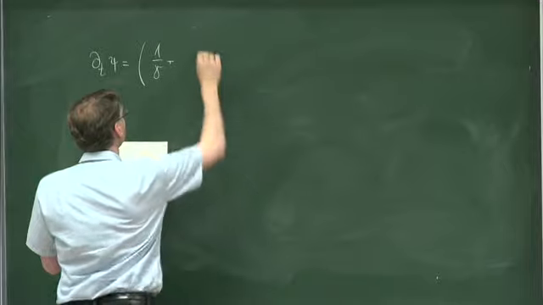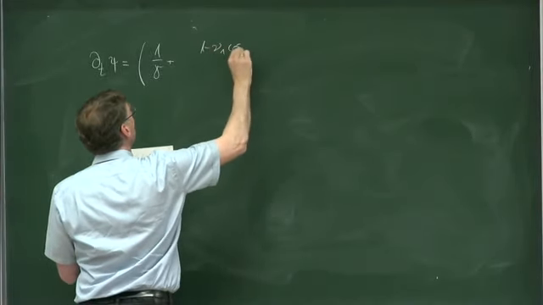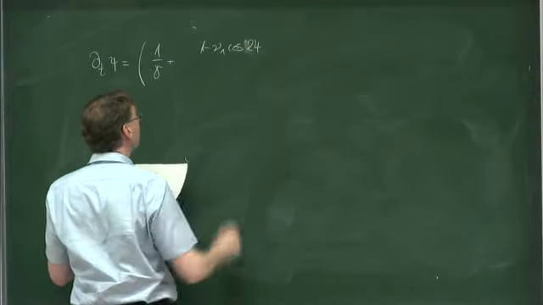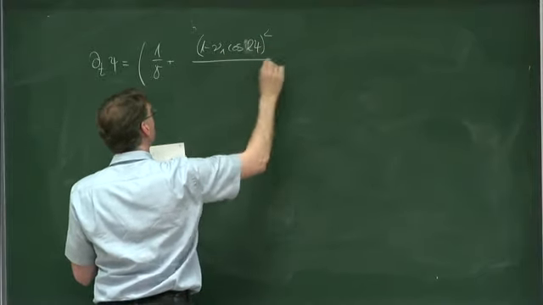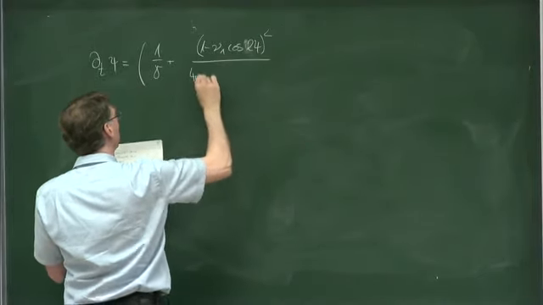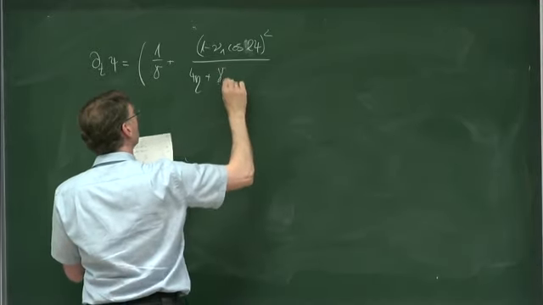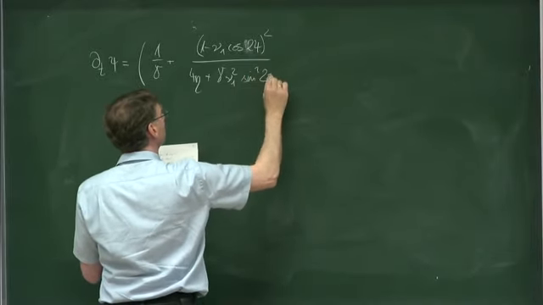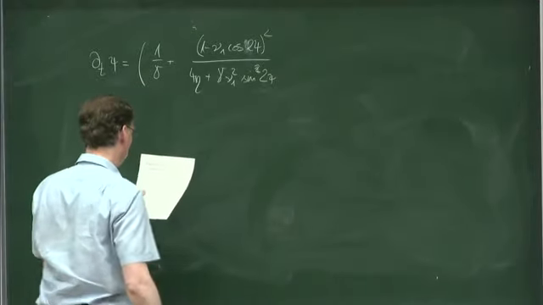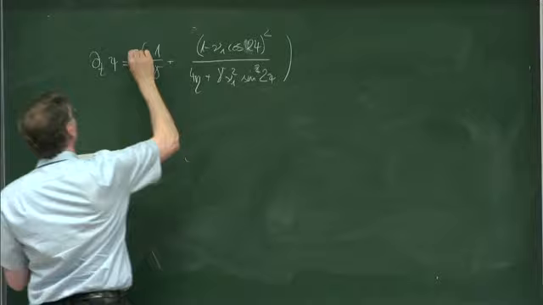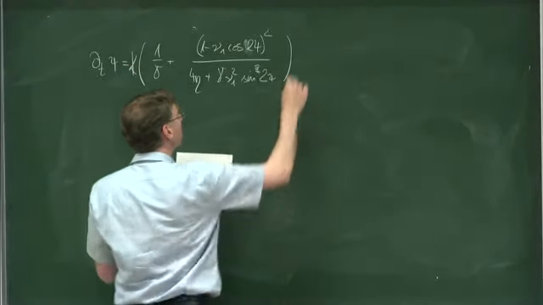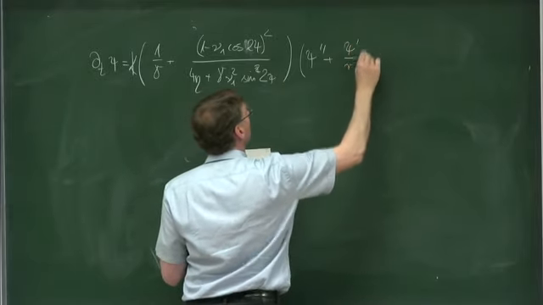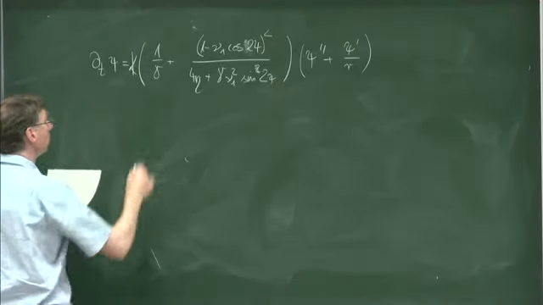That's 1 over gamma plus (1 minus u1 cosine 2 psi) squared divided by 4 eta plus gamma u1 squared sine squared 2 psi. That's the first term. All this is proportional to K, and then we have here our Laplacian, and we then have a term.